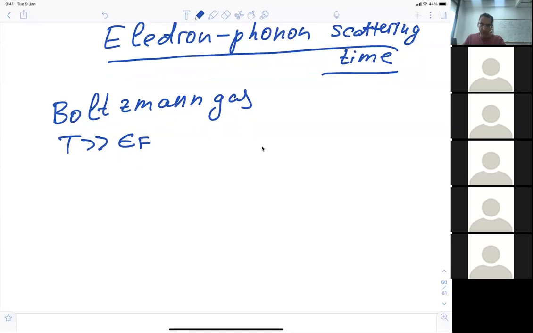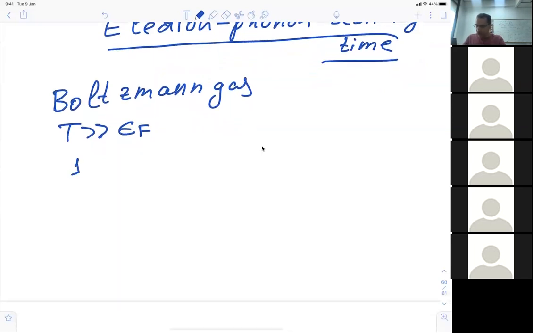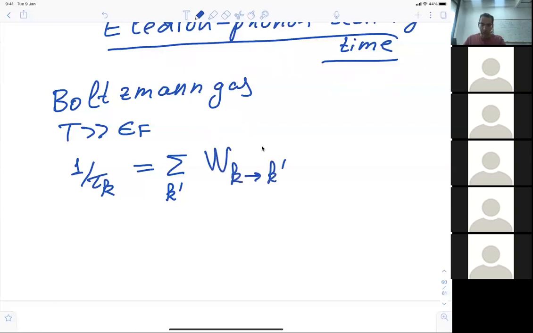We should not worry about Fermi statistics. In this case, a typical rate of electron-phonon scattering is just the sum over all outgoing states, W from k to k prime.